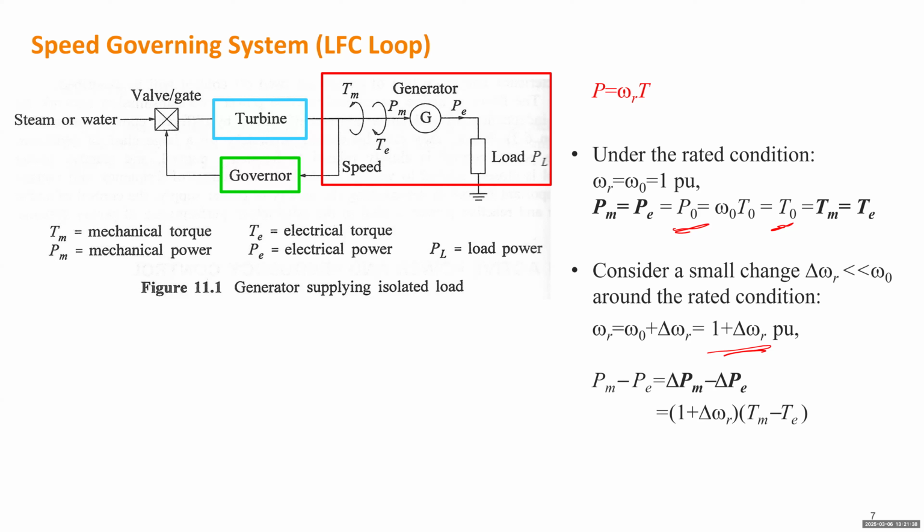Because power is equal to the speed multiplied by the torque, we can easily get this equation. But because delta omega r is much smaller than 1, the first parenthesis will be about 1. So this one will basically just be 1. Which means in this section we can treat the change in power as exactly the same as the change of torque, which can be calculated by the difference between changes of torque.